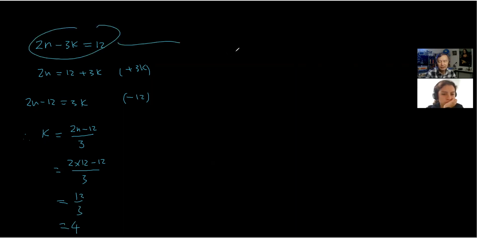We don't have to go that way. The algebra is symmetrical. You can just do 3k equal to 12 minus 2n. Can you see? We minus 2n on both sides in your way. So we have the k, and we divide by negative 3 on both sides.